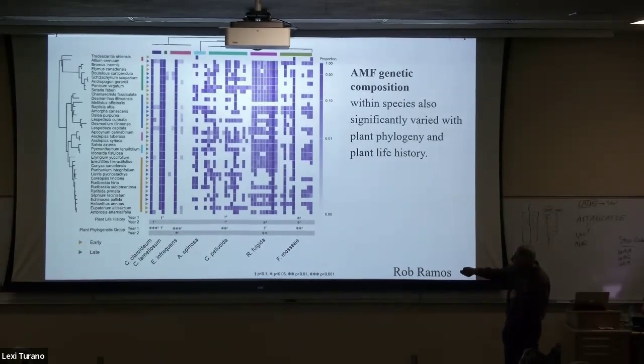And then we're looking at whether there are different genetic compositions as a function of phylogeny and plant life history. And it's not unusual that the genetic composition is changing with hosts over the 2 years that we grew them, and that genetic change is structured by either phylogeny or life history, which is going to make the interpretation of any feedback difficult, because is it due to ecology or is it due to evolution?